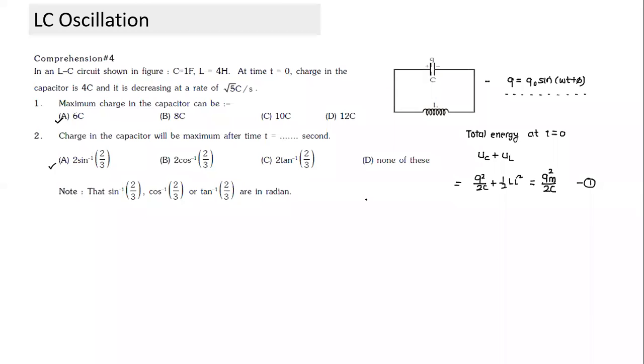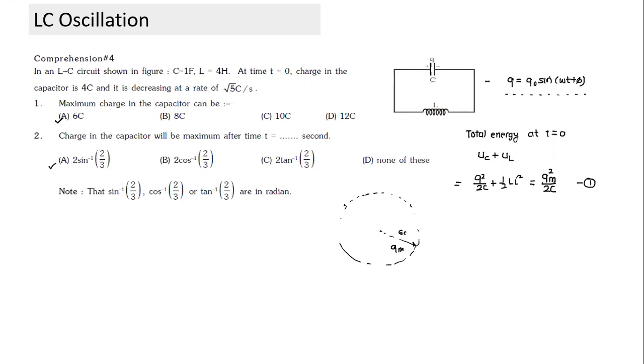Can we represent in terms of a phasor what is happening here? When we have to represent charge as a phasor, I will draw the radius of the circle equal to the maximum charge, Qm. But initially the charge is not maximum. Let's suppose this 6 option is correct, so the radius will be equal to 6 coulomb.